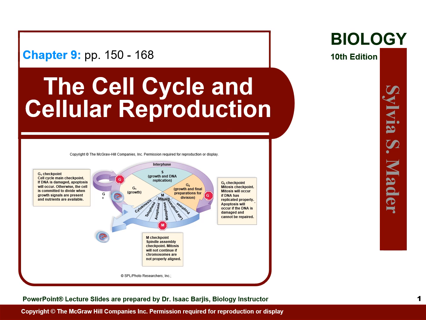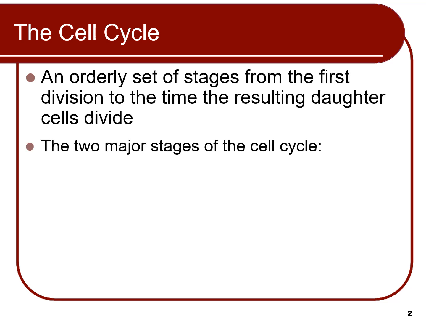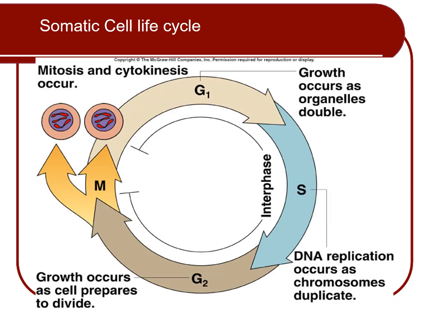So let's get started. What we're going to talk about first is the process, or the cycle, of a cell's life. And I'm going to go to the picture versus the words on the slide before. And this is called the cell cycle.